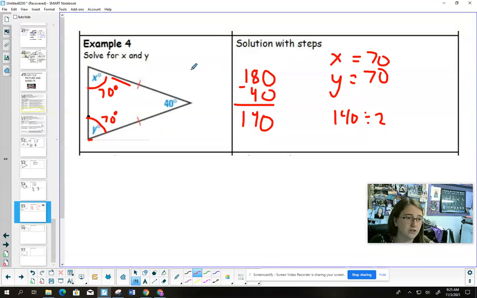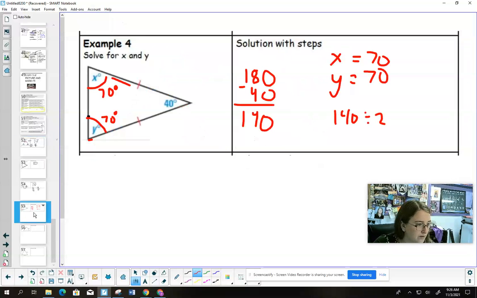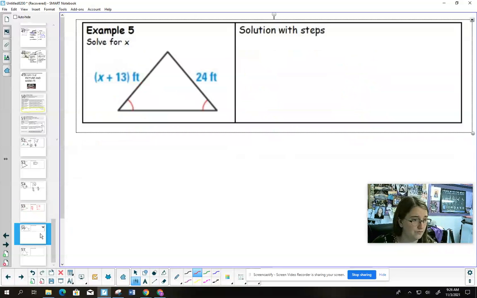So be very careful, guys, when you're doing this assignment. If you're given the base angle, like we were in this very first one, we're like, ooh, this is a base angle, so this one's also 50. And then we went from there. If you're not given the base angle, you have to think about it like this. Think, okay, I'm using this much so far. What's left over to split between those two angles?